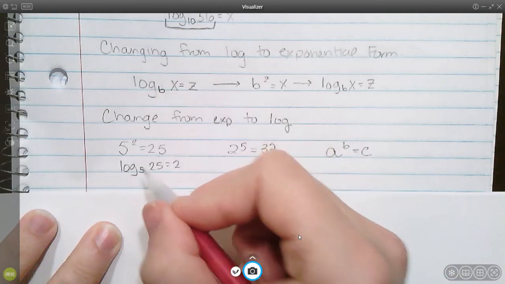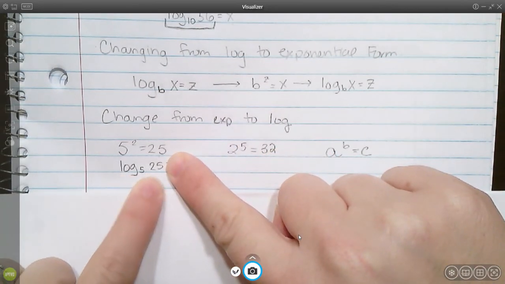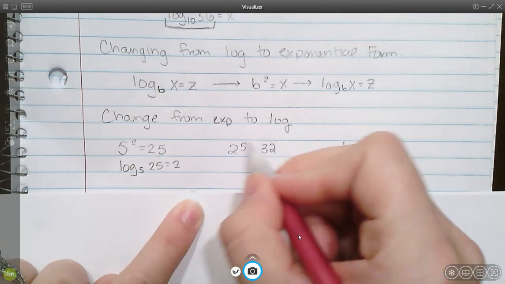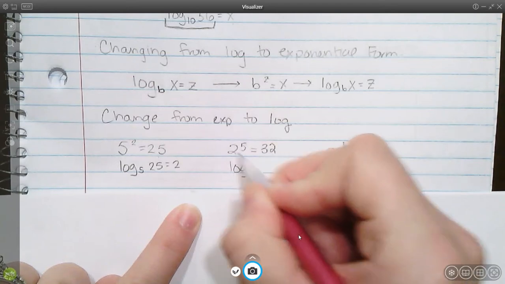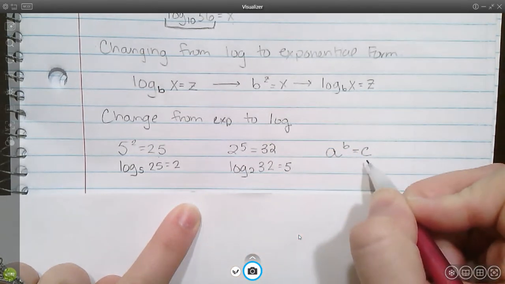So in your head, if you were just given this, you would think 5 to the power of what gives you 25? Well, that's 2. Okay, so to rewrite this one, we have log base 2 of 32 equals 5.